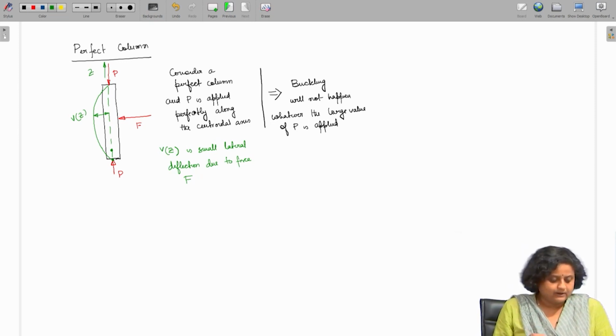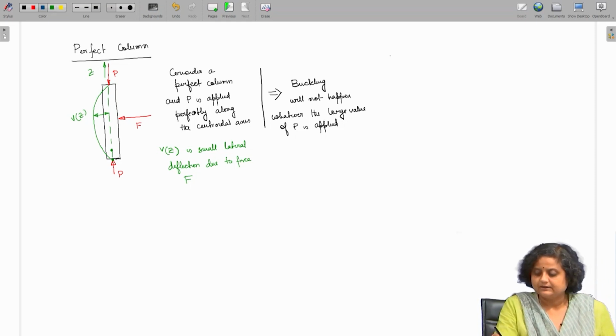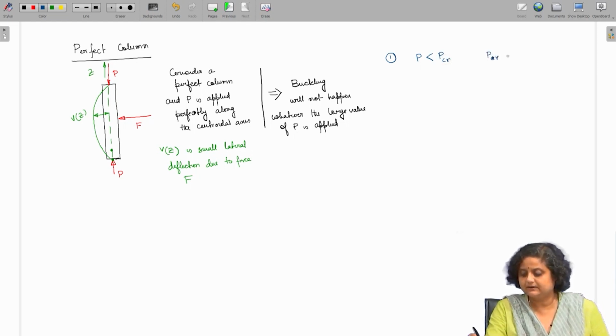Now what happens? Now there will be three possibilities. Now, if the applied axial compressive load is less than a certain critical load, where P critical is the critical buckling load. We do not know what the critical load is, but let us assume that we know it.